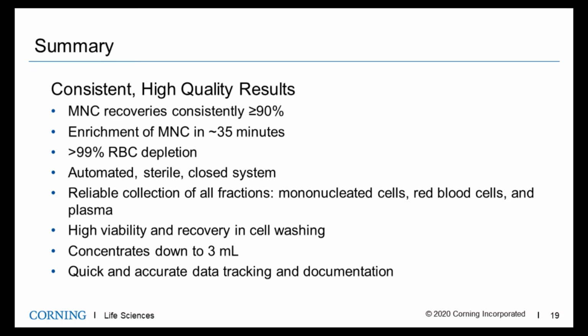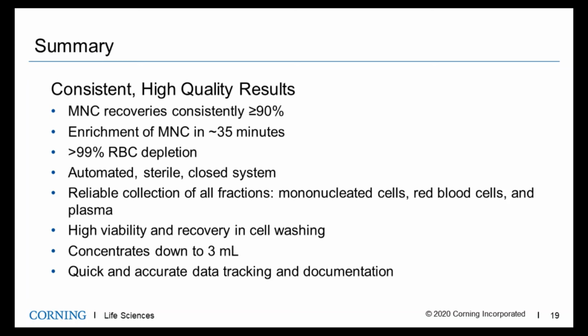Now, just to summarize a bit of what we just talked about, I introduced the new Corning X-Series cell separation platform. With this platform, we are able to consistently achieve high-quality results with MNC recoveries typically greater than 90%, and this MNC enrichment process occurring in approximately 35-minute times, sometimes less.